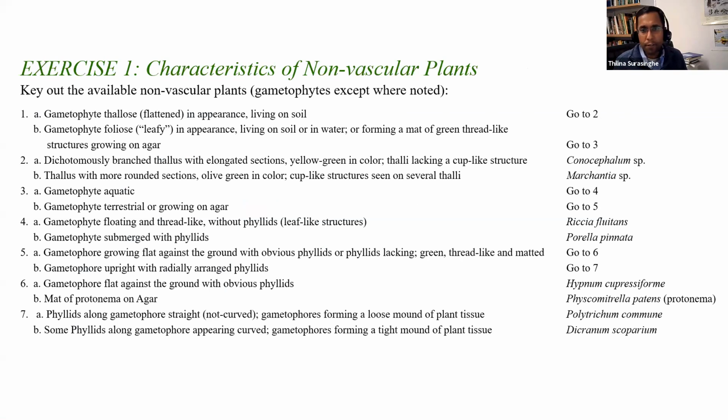So, the very first one, read with me. Gametophyte thallus, right? It's flattened in appearance, living on soil. Gametophyte is foliose in appearance, living on soil or in water, or forming a mat of green thread-like structures, growing on agar. Right, let's look at the number one.